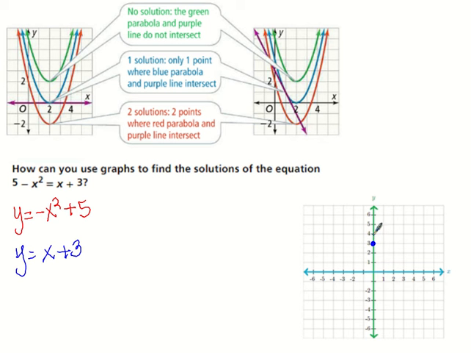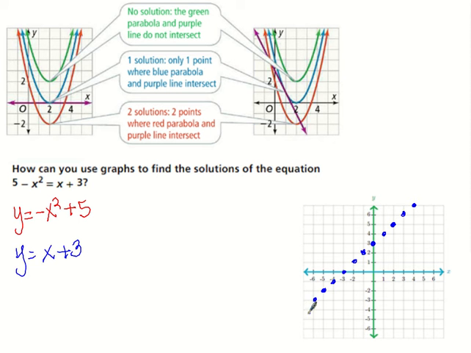And since the slope is 1, we go up 1, right 1, up 1, right 1, up 1, right 1. I'm going to put as many points as I possibly can of my linear function. That's another reason why I'm starting with my linear function. They're easier to graph, and I don't know where it's going to cross yet, so I need as many points as possible.